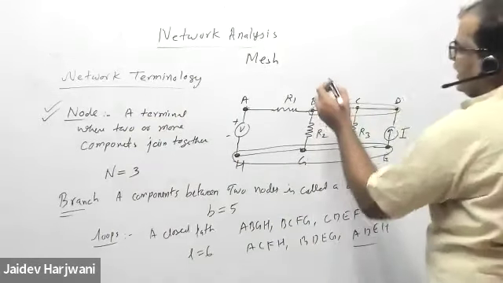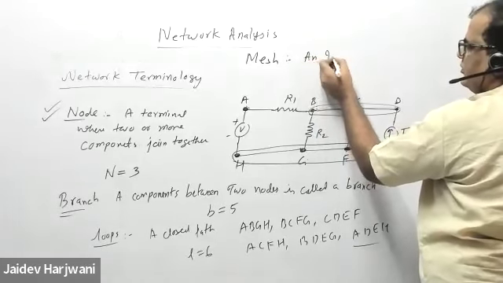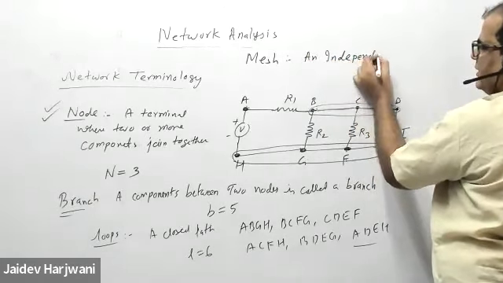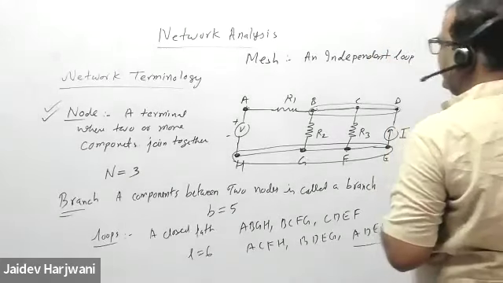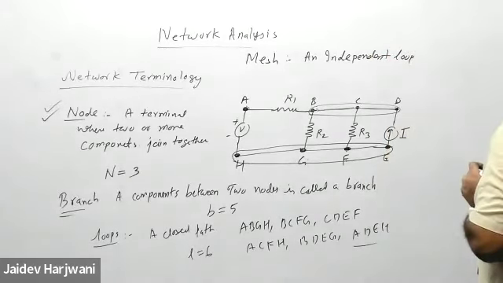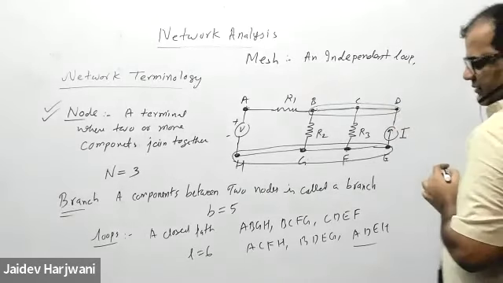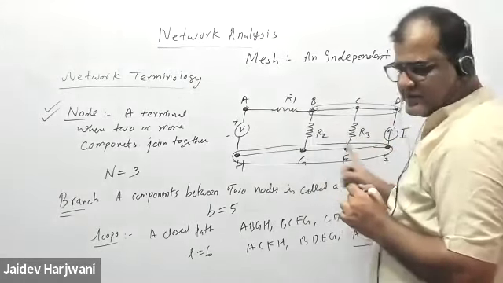Mesh is an independent loop. What do you mean by independent loop? The meaning of independent loop is that it does not contain any loop inside it.